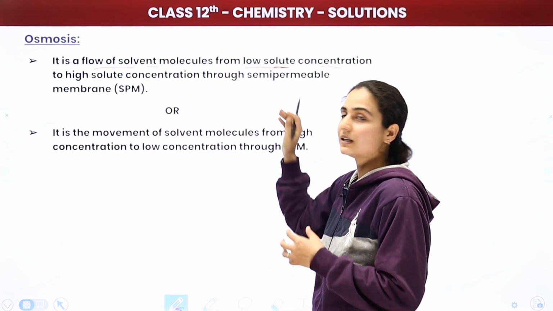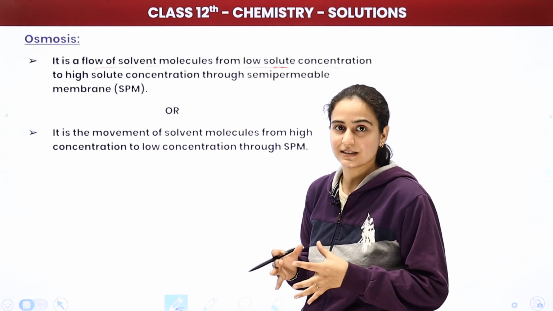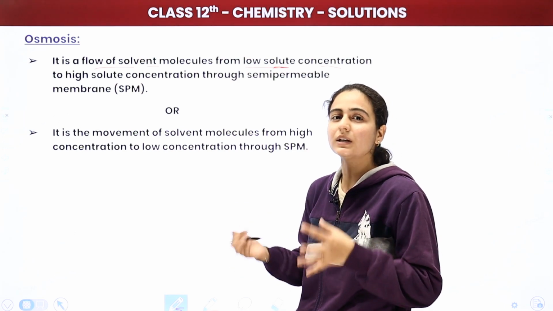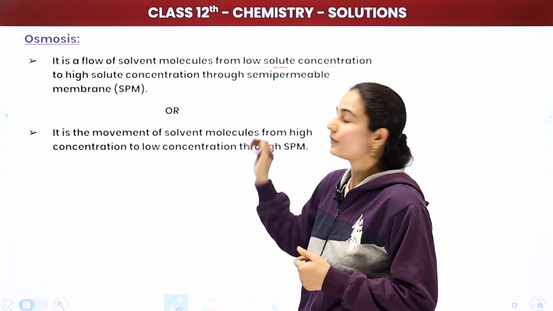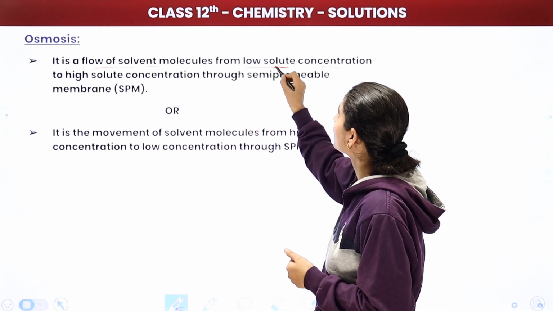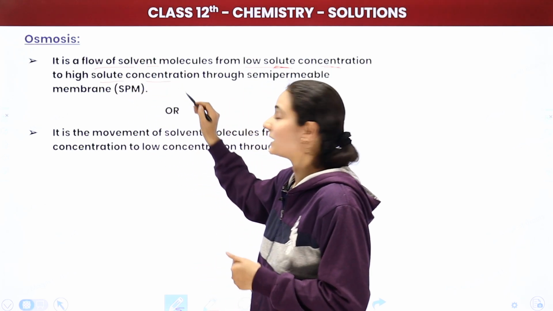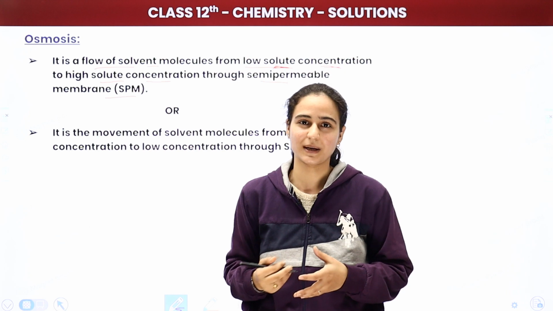Solute is that particle which is present in less concentration, in less quantity. Solvent and solute together make a solution. So it is a flow of solvent molecules from low solute concentration to high solute concentration through a semi-permeable membrane, SPM.